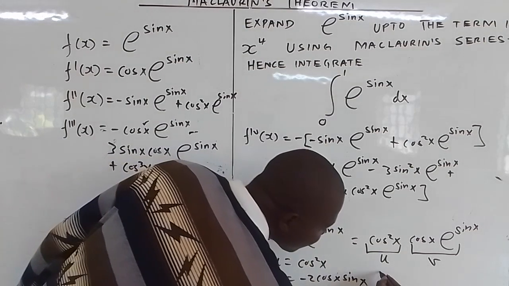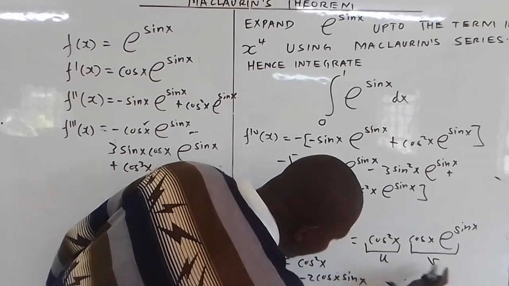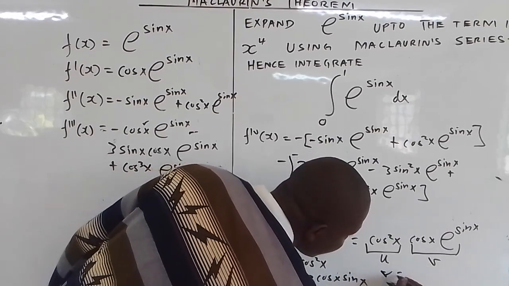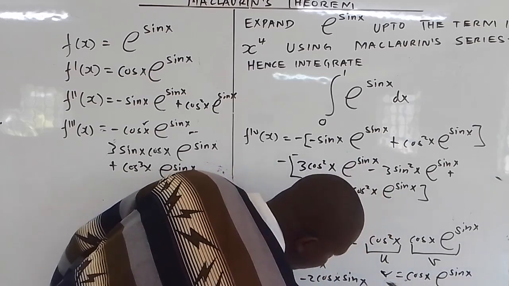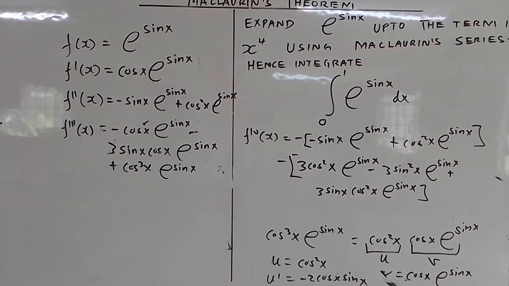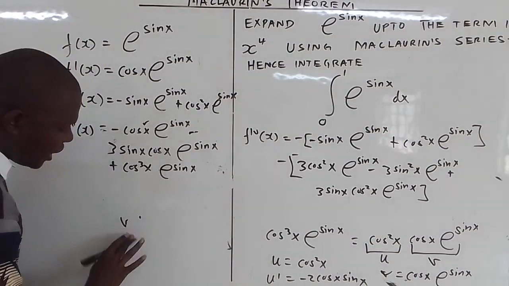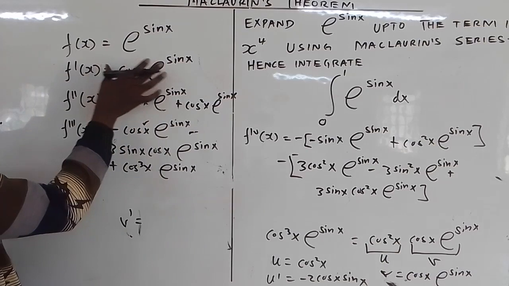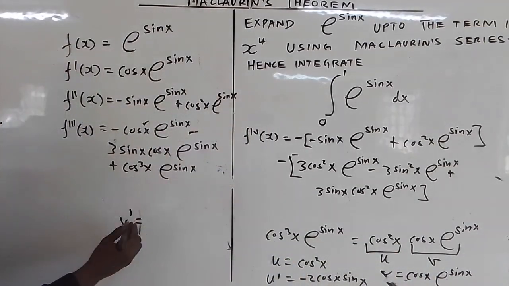Then the next, if you differentiate v, remember here you have v equal to cos x exponential sine x, isn't it? So if you differentiate v, what do you get? Differentiating this, you got this, isn't it?